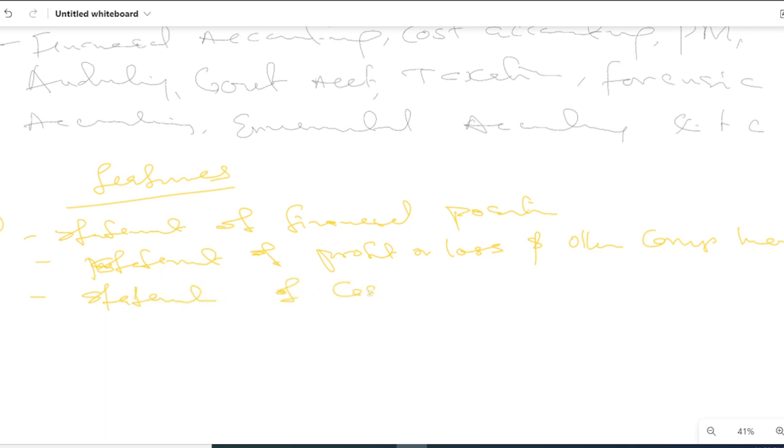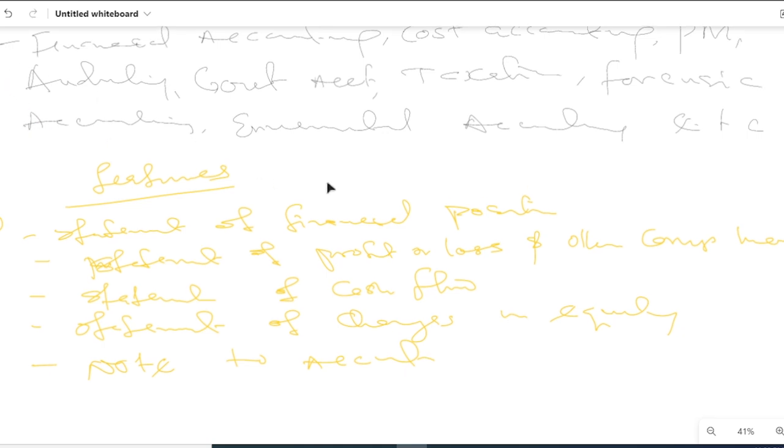Number 4, statement of changes in equity. Then number 5, we have notes to accounts. So these are the components of financial statements as stipulated by IAS 1.